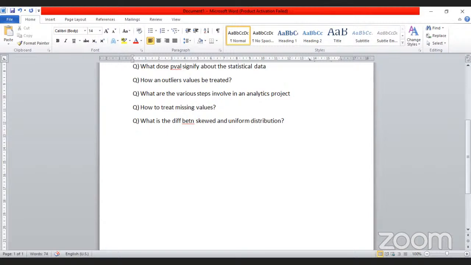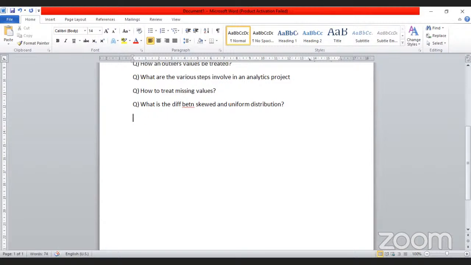Okay, so the difference between skewed and uniform distribution is that when the observations in a data set are spread equally across the range of the distribution, then it is referred to as a uniform distribution.